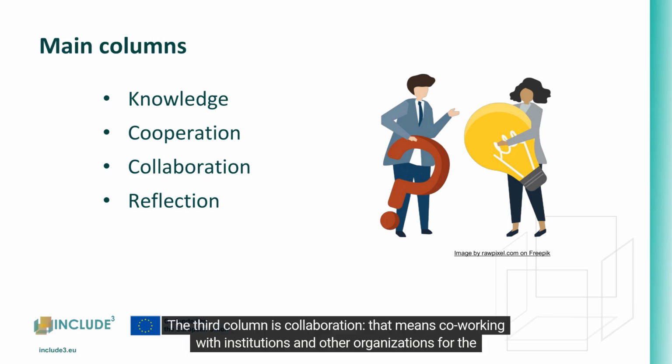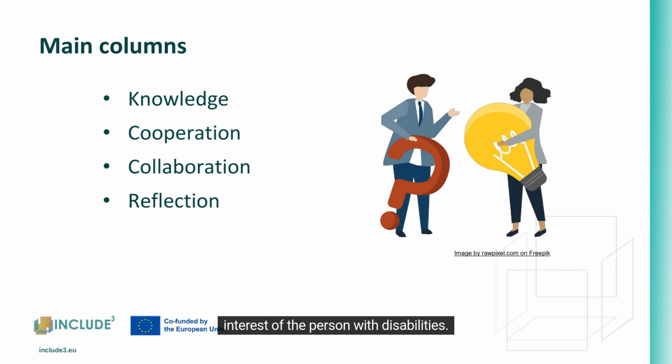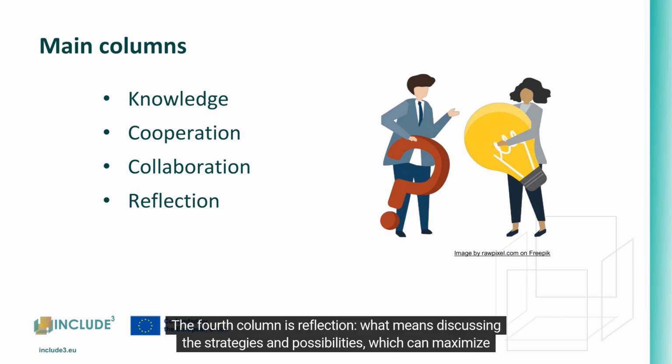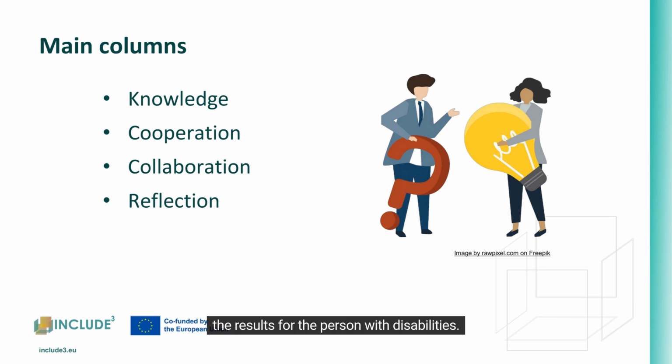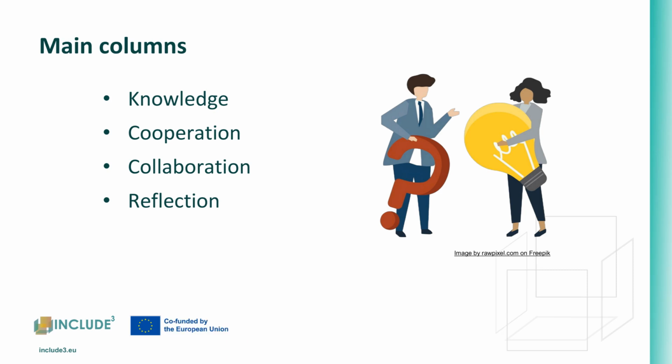The third column is collaboration. That means co-working with institutions and other organizations for the interest of the person with disabilities. The fourth column is reflection. That means discussing the strategies and possibilities, which can maximize the results for the person with disabilities.